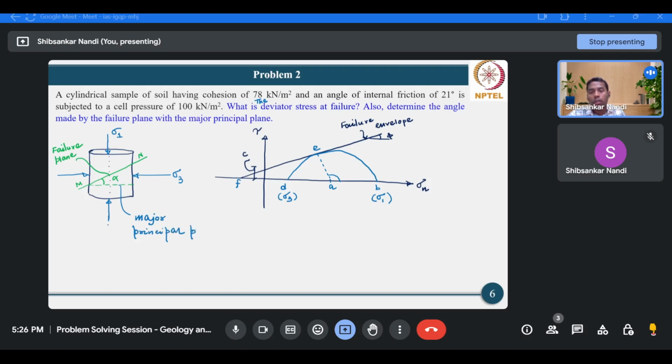Now, if we try to identify these planes in this Mohr stress circle, we can easily do so.